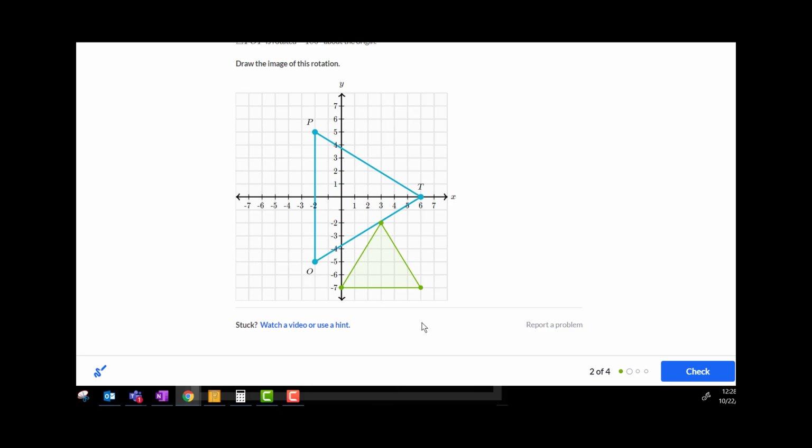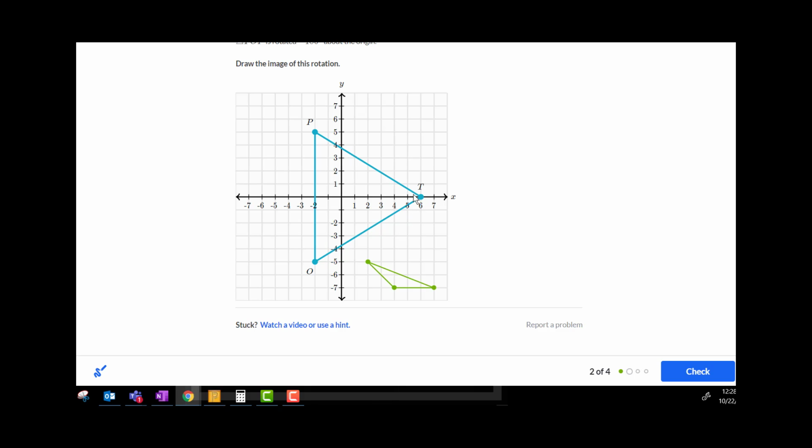Okay, so I'm going to slide this out of the way. We're rotating -180. Again, it really doesn't matter with a 180. We're just going to the opposite quadrant. So point P is at -2, 5, so it'll be at 2, -5 this time.